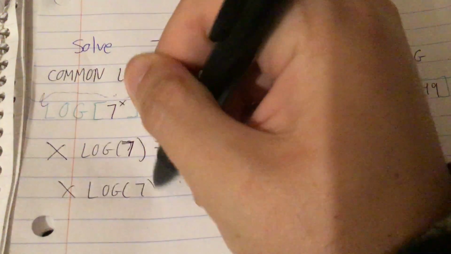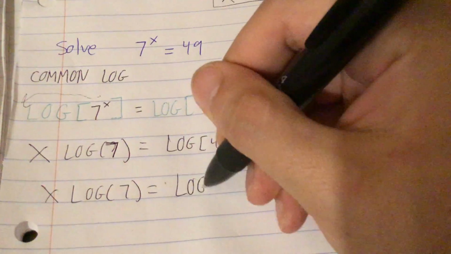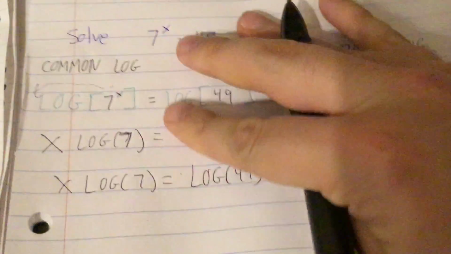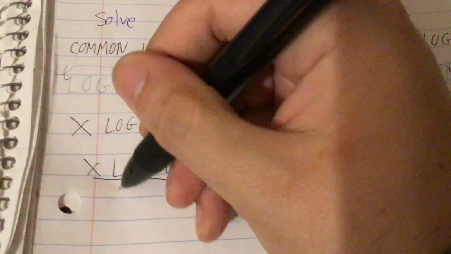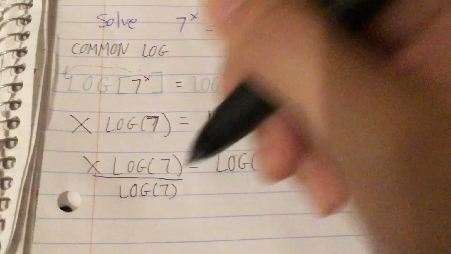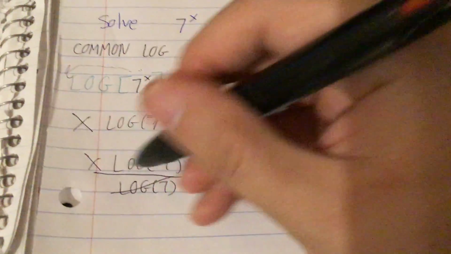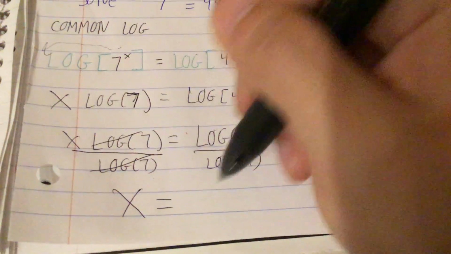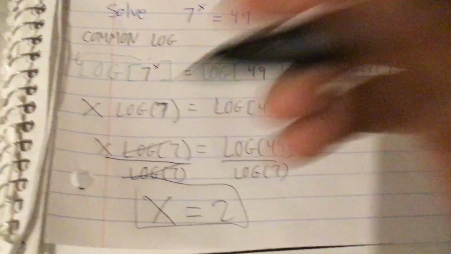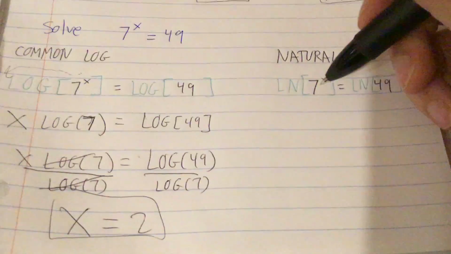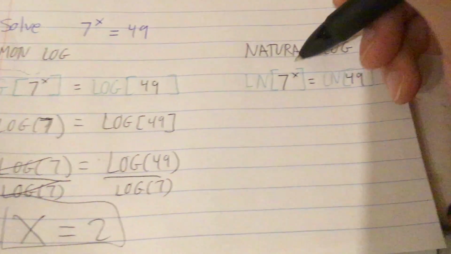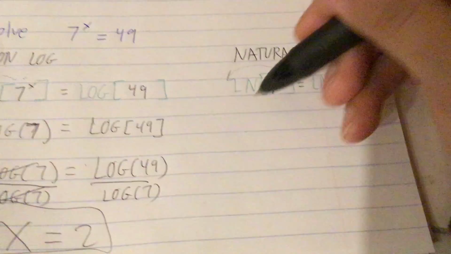And now what I can do is divide both sides of the equation by log of 7, getting me x is equal to 2. If I plug in log of 49 divided by log of 7 in the calculator, let's see if this happens again.